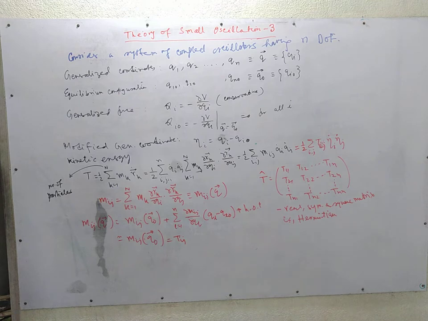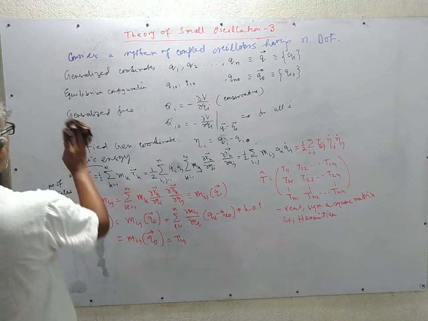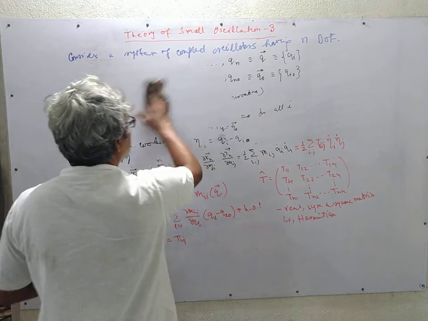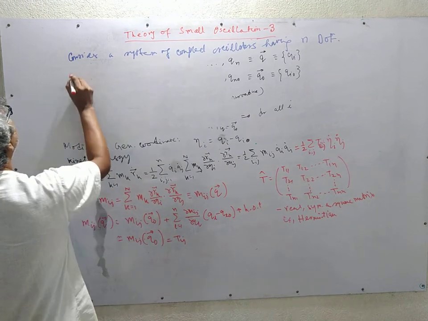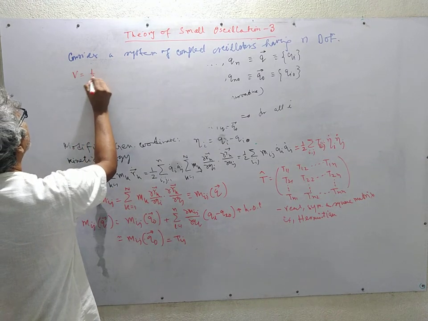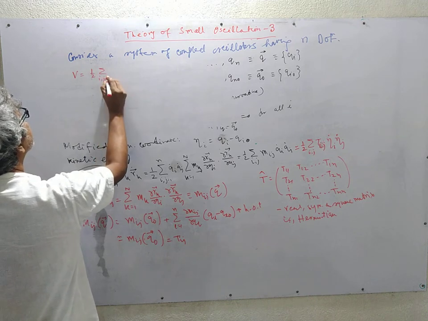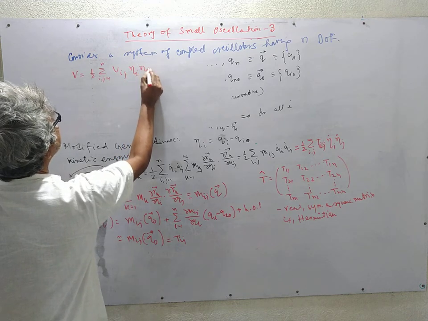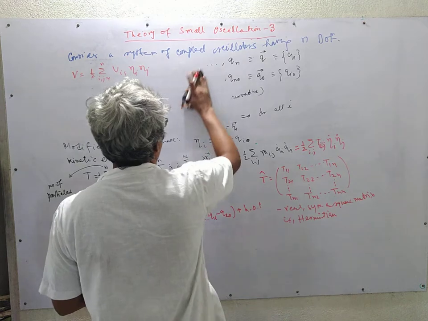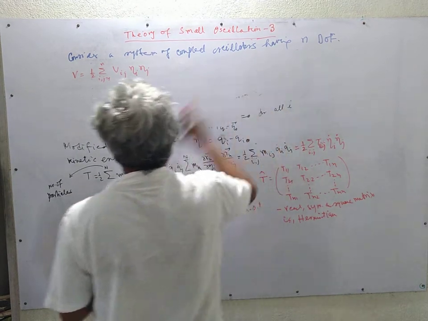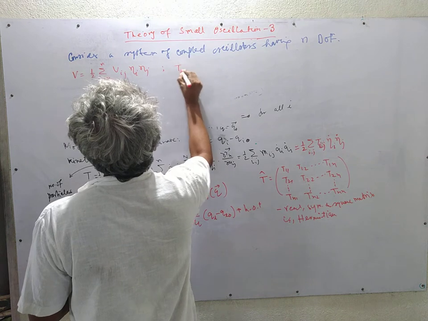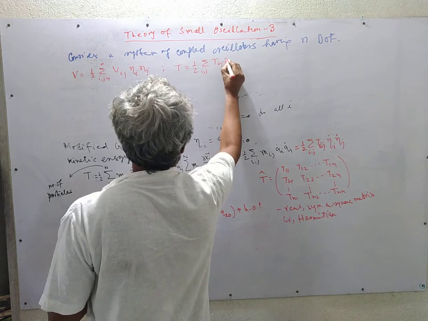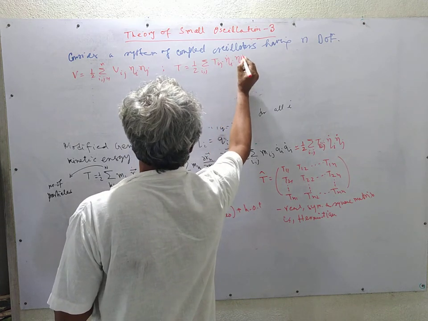So the task that we have worked out till now is that the potential energy can be written as half summation over ij running from 1 to n, Bij eta i eta j, and similarly T is written as half summation over ij, Tij eta i dot eta j dot.